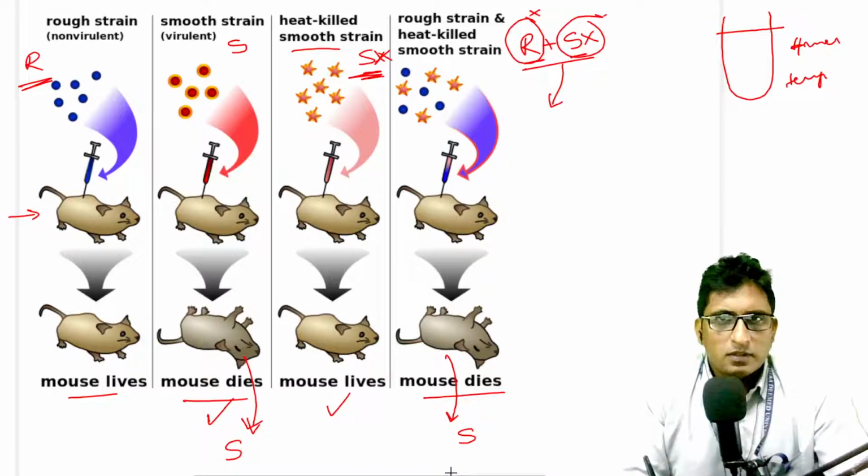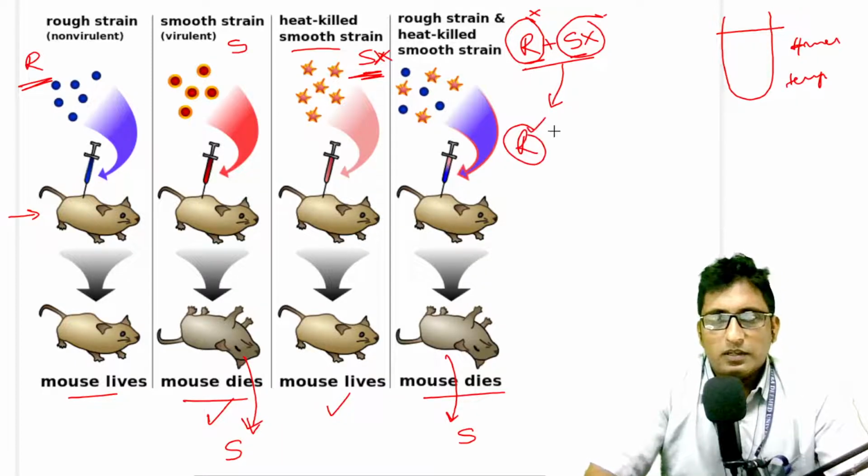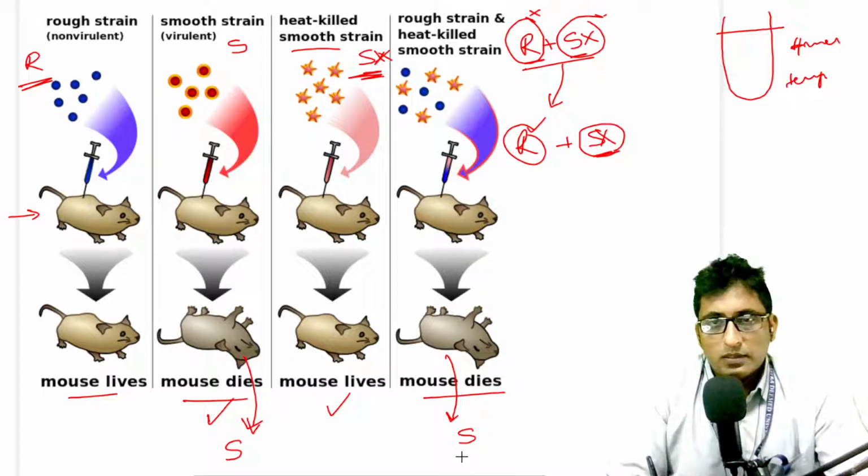That is abnormal, isn't it? Because what was alive is the R strain that is given, and all the S strain that is heat killed was given. So once the mouse died, when the bacteria was isolated, it is S-type strain or S strain. How can that be possible?